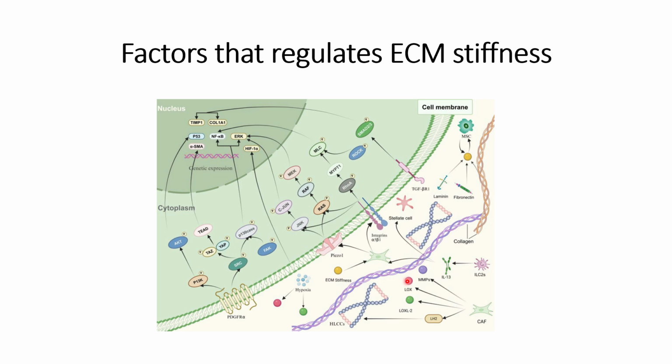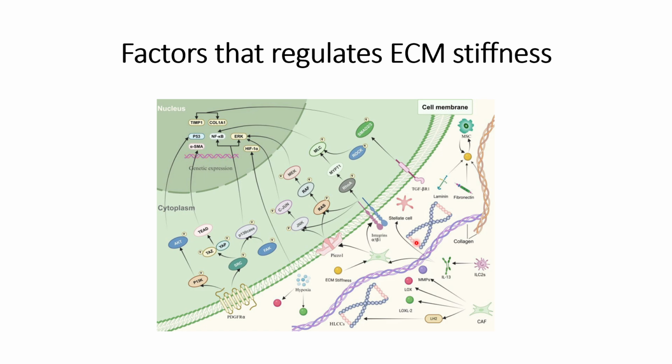So what LOX usually does is hydroxylate lysine into the high aldehyde-derived collagen, or in short people call it HLCC. So once this hydroxylation occurs, then it will change the matrix composition.